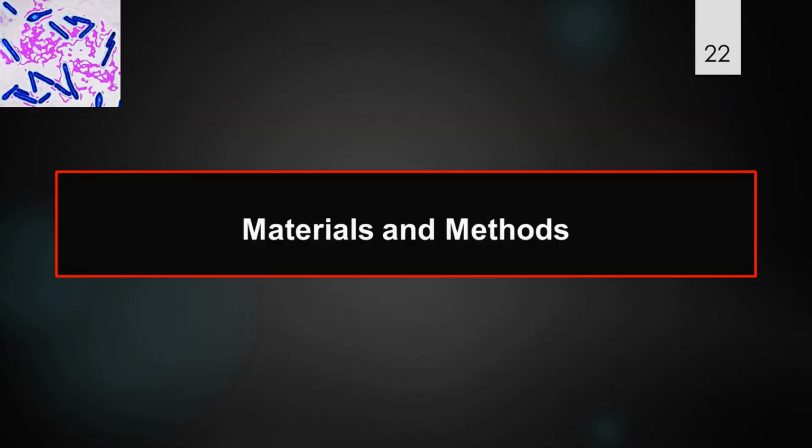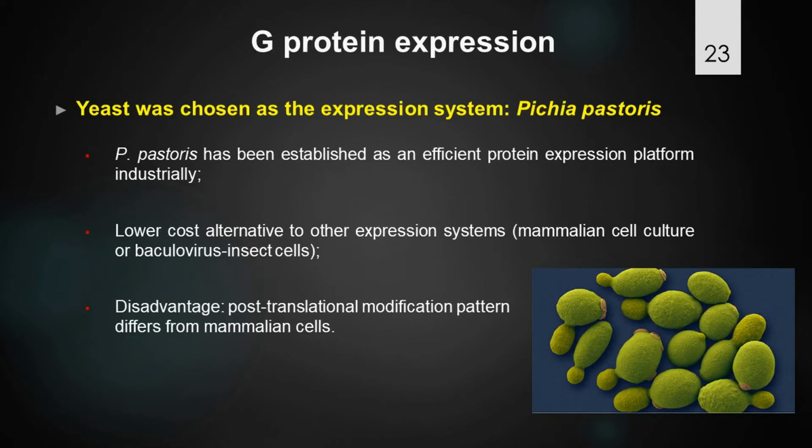We will move now on to describe the material and methods section of our project. For the first part of our project, it would be the G protein expression. We have chosen yeast as the expression system, specifically Pichia pastoris.